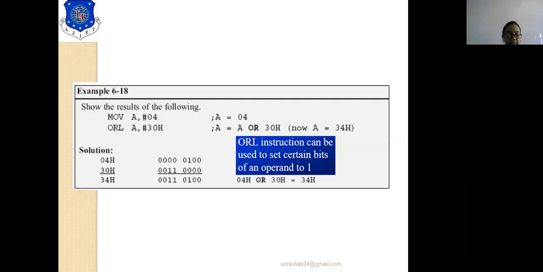The example is given here for performing the OR operation. The accumulator is loaded with 04H data. So the data saved in the accumulator after the move instruction is A equal to 04. Once this is done, ORL A, #30H. Now you will perform the OR operation with the data saved in the accumulator.